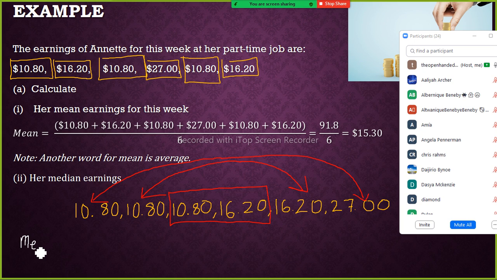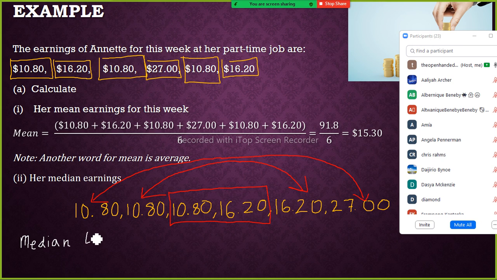But if you have a data set with an odd number of data points, then you would only have one median at the end. So, again: with an even number of data points, you have to add the two middle numbers and divide by 2 to get the median. For this one, we have an even number of data points, 1, 2, 3, 4, 5, 6, so we end up with two in the middle. You always do that once you have two numbers in the middle.